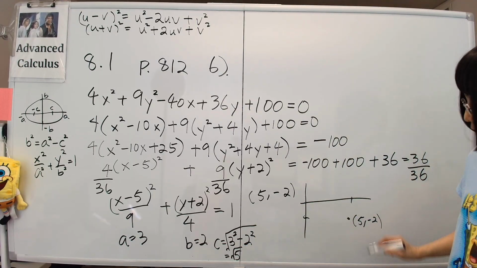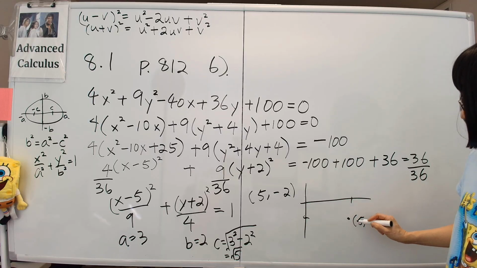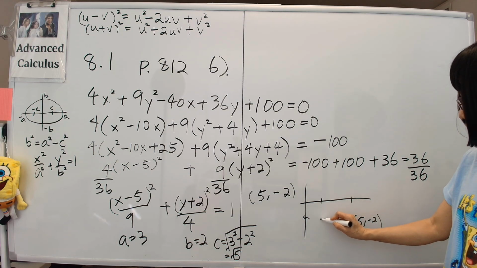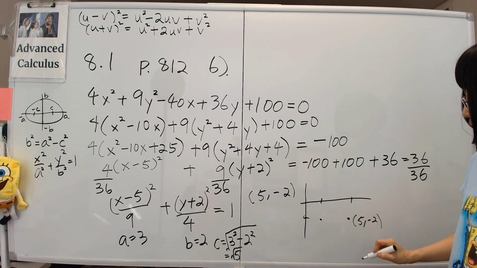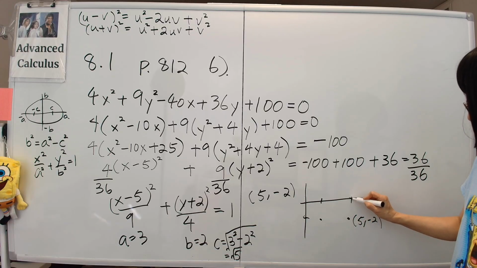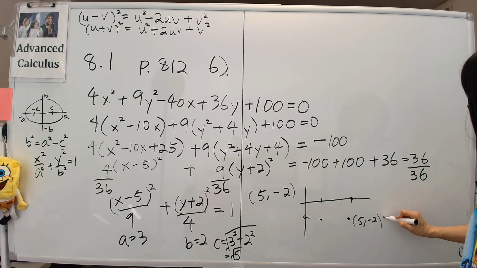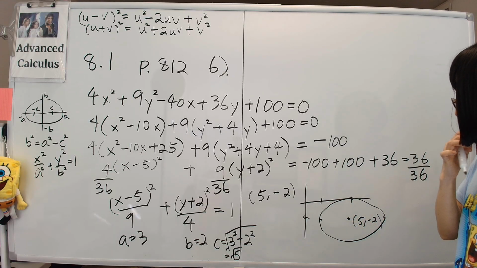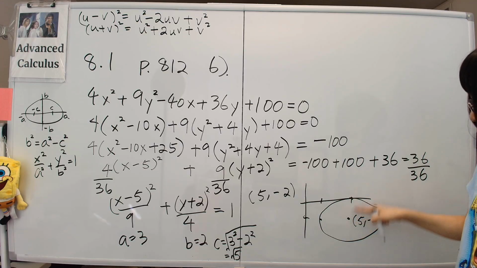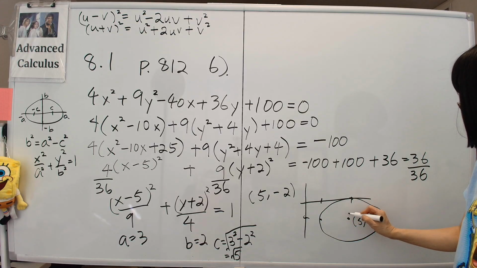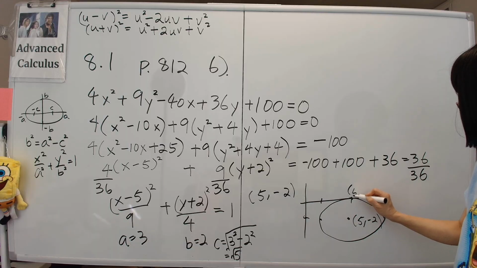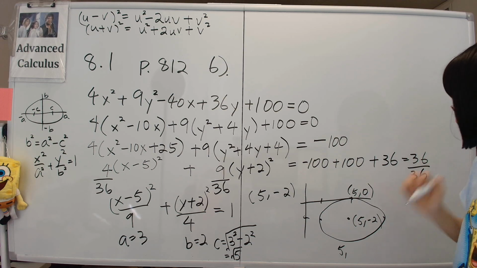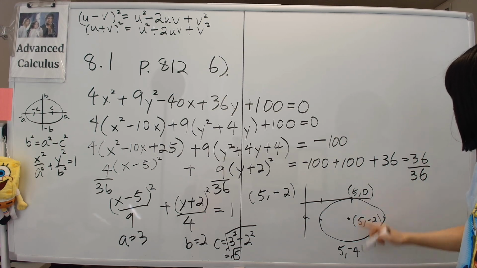All right, so we're going to draw the ellipse now. A is 3, so this is 5. This is one vertex, going back this way. And B is 2, so this is the other vertex, and this direction is symmetrical. So the ellipse goes something like this. It has a height of 2, so this point is 5 comma 0, and down here is 5 comma minus 4, to be symmetrical.